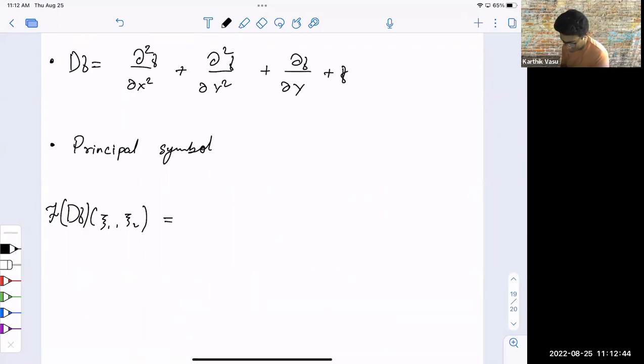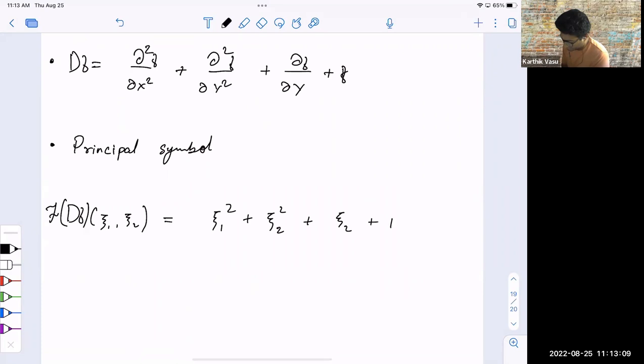So this will be nothing but, if you're differentiating with respect to x, you'll put this. Then if you're differentiating with respect to y, you'll put c2. If you're differentiating with respect to y again, it's just here.